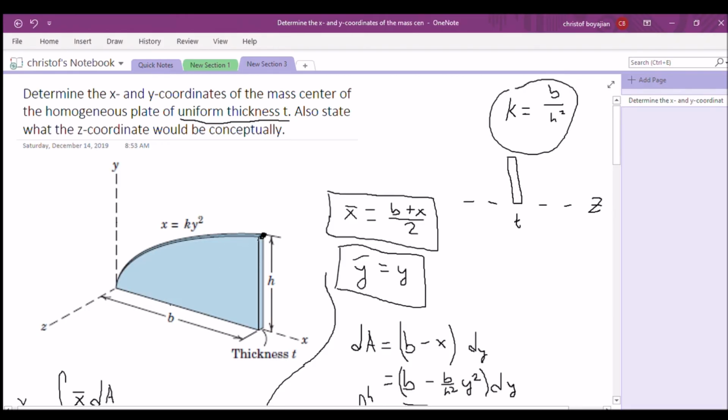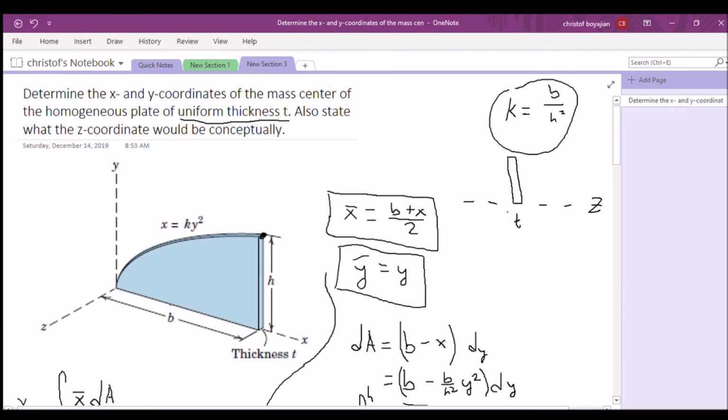Because it's a uniform thickness, if we look at our axis normal, let's say I'm looking at my axis normal like this, in this direction, I see that t, or this little guy, is actually just going to be a rectangle. Now it doesn't look like a rectangle because of my poor drawing skills, but this is actually going to be a rectangle if you look at it normal to the z-axis.